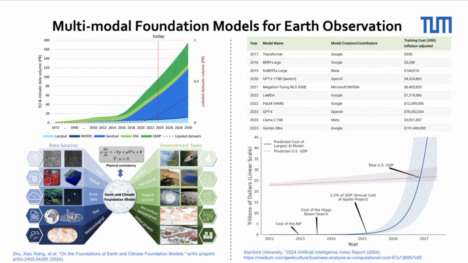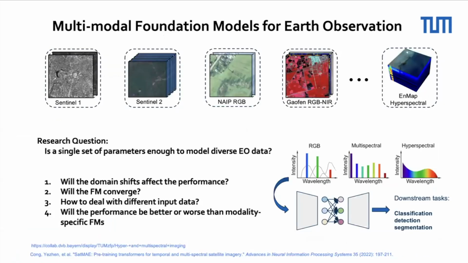So here we argue that maybe we only need one foundation model for all of these different modalities, and everyone could contribute to this foundation model and improve its performance, and we don't need to train from scratch for every different data source. And this is the motivation of this work.